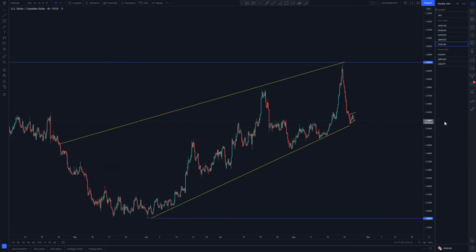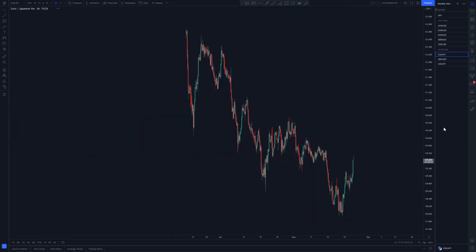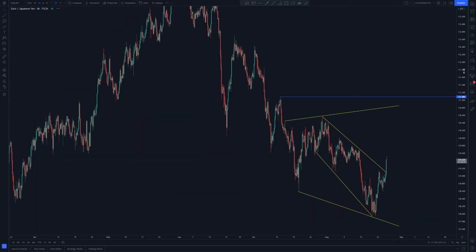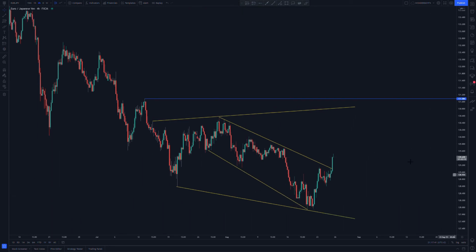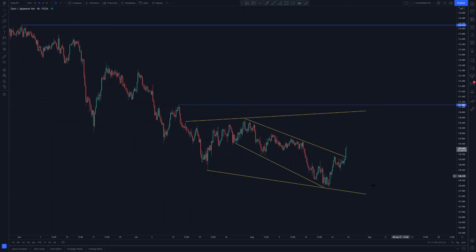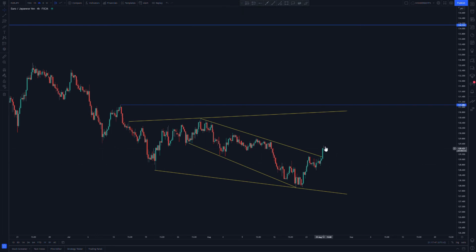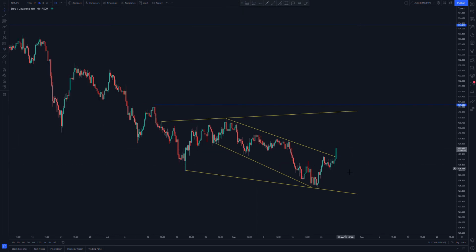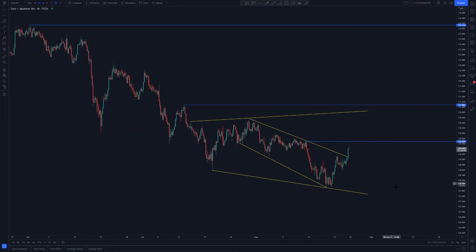My top 3 pairs on my wildcards now, it's Euro JPY. I missed an opportunity here today around these areas here, so now what I'm looking for, as you can see, is a nice level of momentum to the upside, but there's this high that is here.